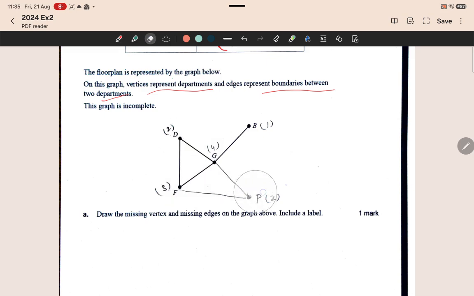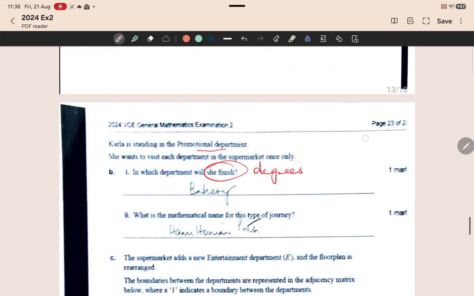Nah, that wouldn't take you to B. So we can do this and we will end at B. There is no other option really, because if you go any other way, for example, if you had taken this route, you would have had to come back to G. So any other way, you would have had to visit a vertex twice. So that tells you that ultimately B is the place that she would finish at.